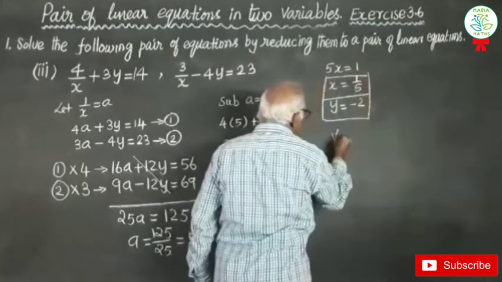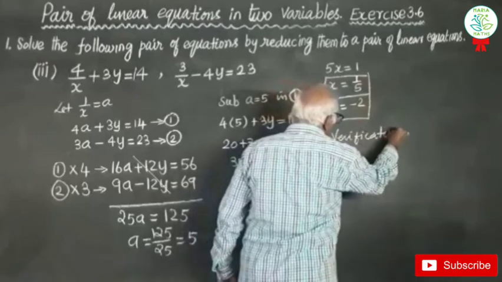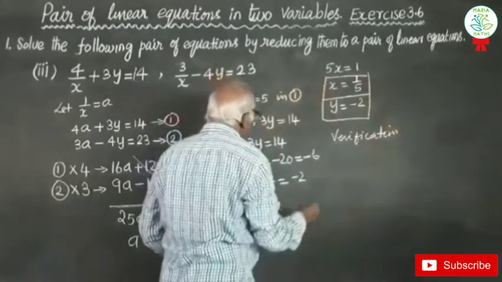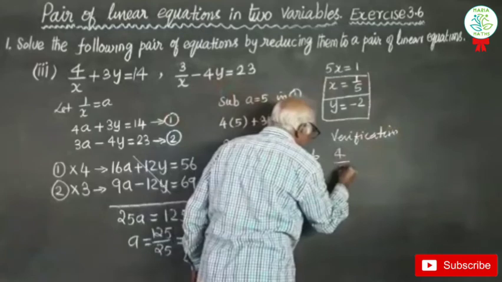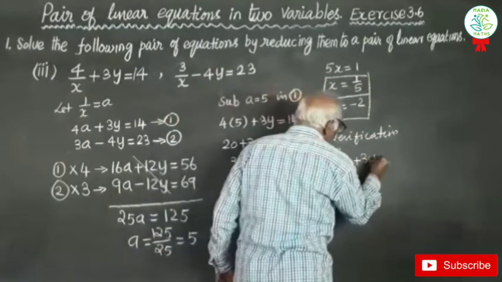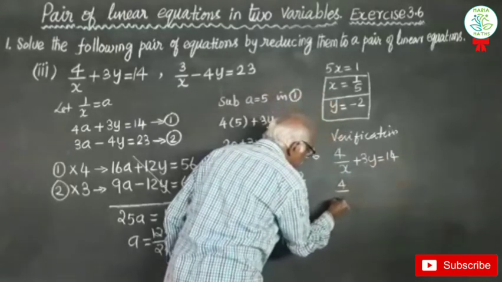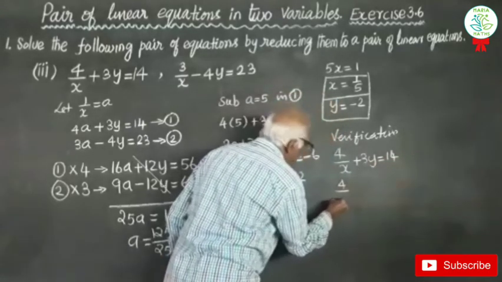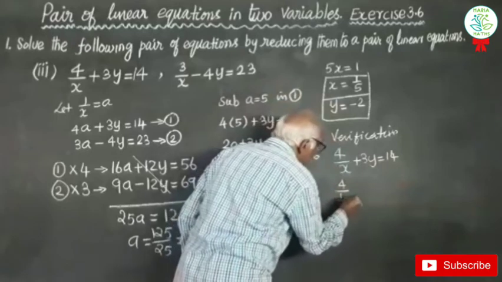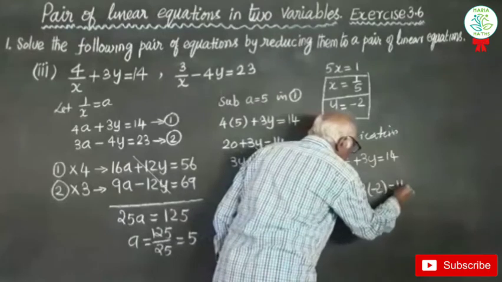Now verification. Now verify. Take equation 1. 4 by x plus 3y equal to 14. 4 by 1 by 5 plus 3 into minus 2 equal to 14.